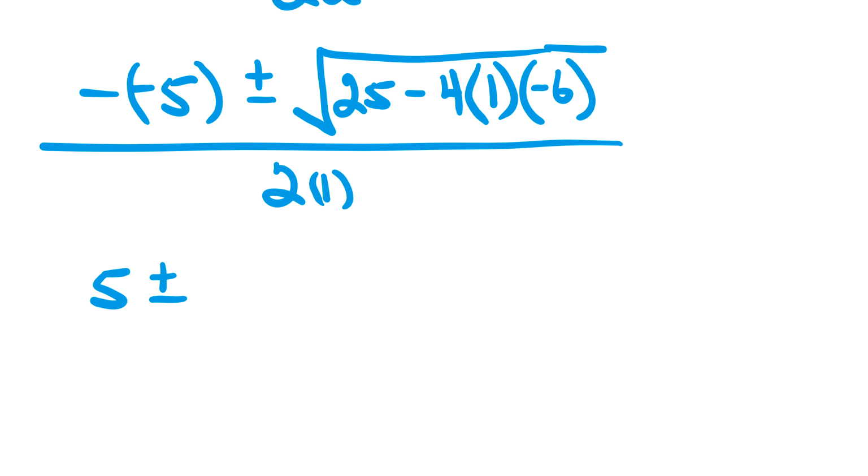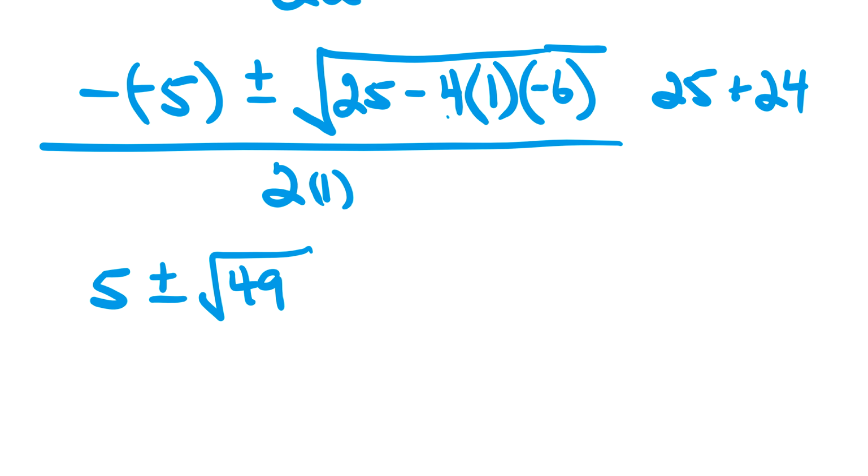Negative 4 times negative 6 is positive 24. And then inside the radical, I'm going to have 25 plus 24, which is 49. Okay, and that's all going to be over 2.